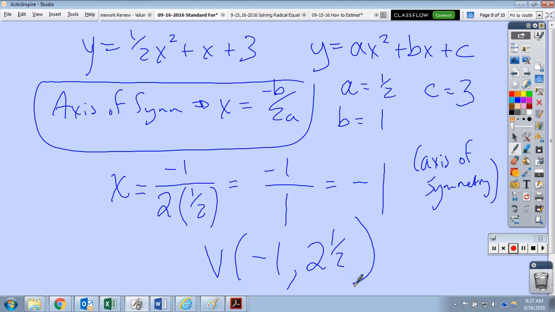Out of all of you, you couldn't just plug in -1 for x and simplify. Two is not it. I know, I was close though.